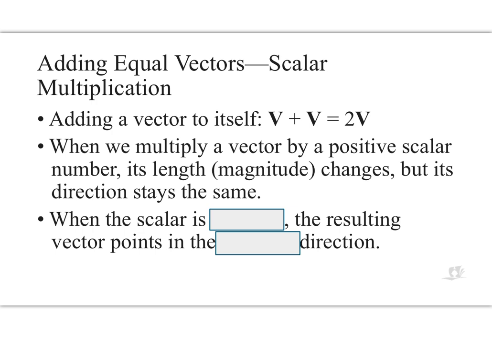If it is positive, you're just going to increase the length by whatever that scalar was. However, when the scalar is negative, it goes in the opposite direction. So think about when you're multiplying by a negative on the number line, it flip-flops to the other direction. That's what happens with negatives. That's what happens with vectors as well. When you multiply by a negative, whatever direction it was going, it just reverses and it's the opposite direction for that vector.